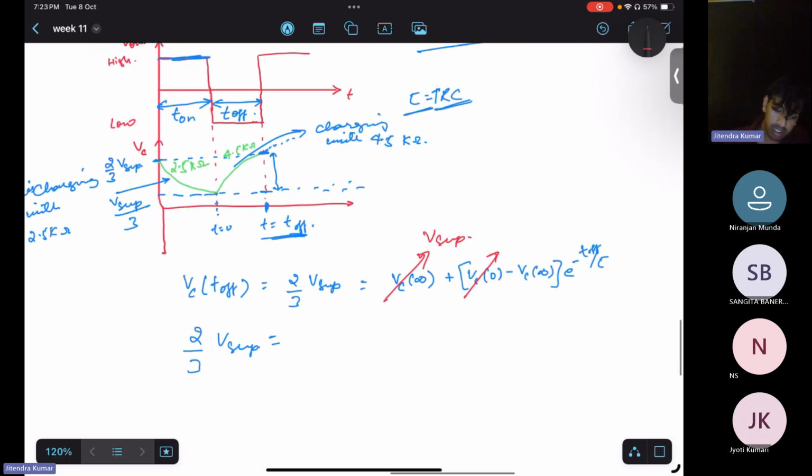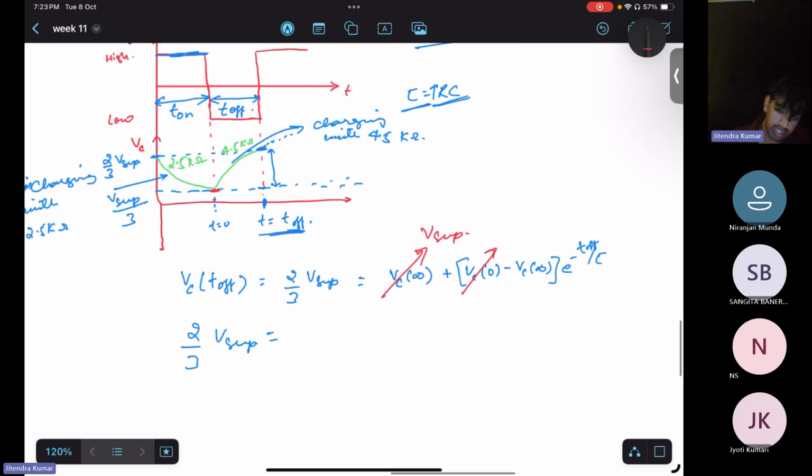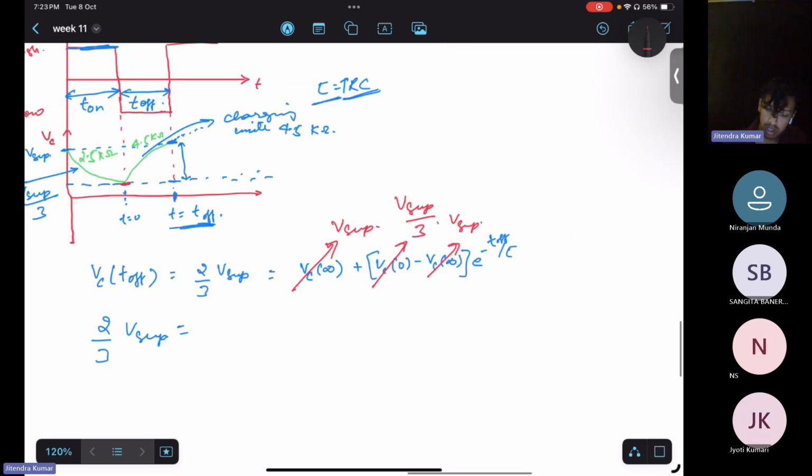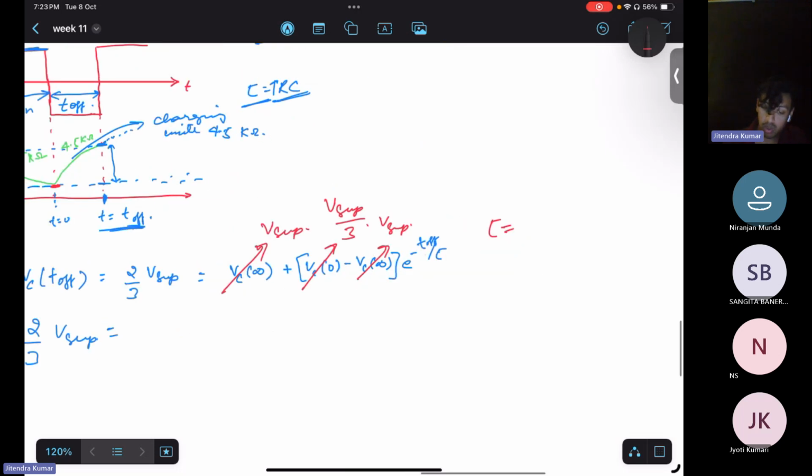VC0 at t equal to 0 is the initial point, right? So the initial value is V supply by 3. This also, we know V supply is to the power T of tau. Tau we know. Since this is charging, what will be tau?